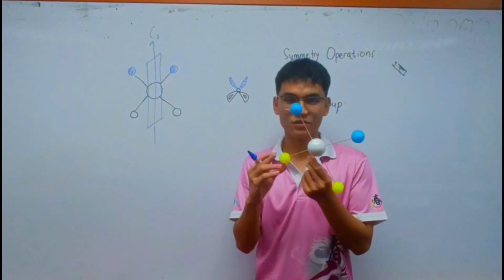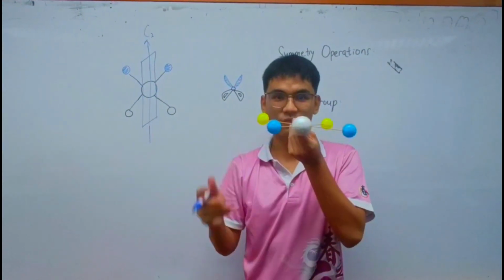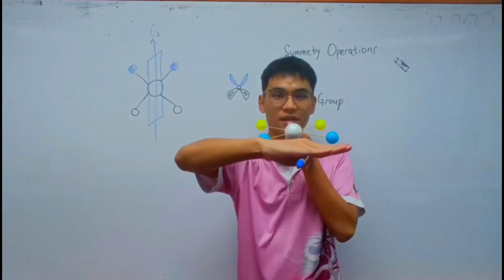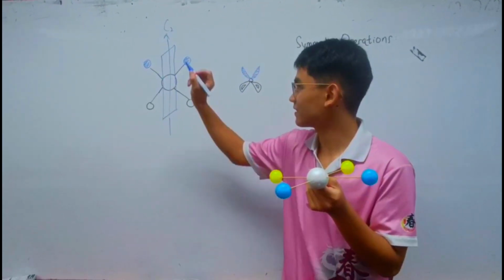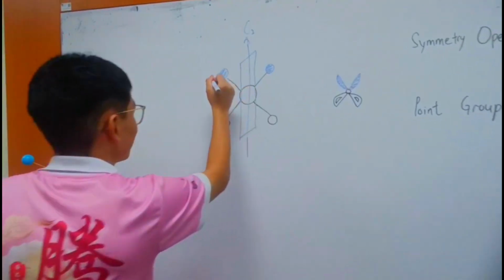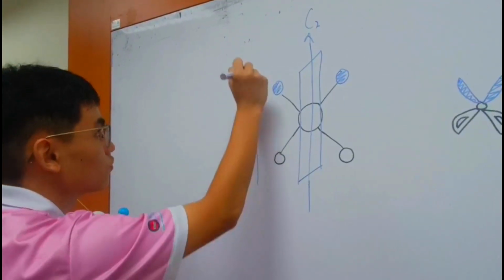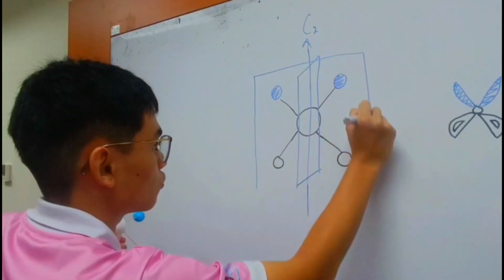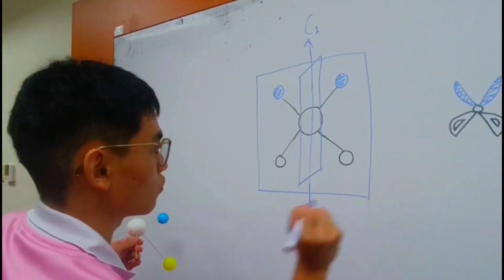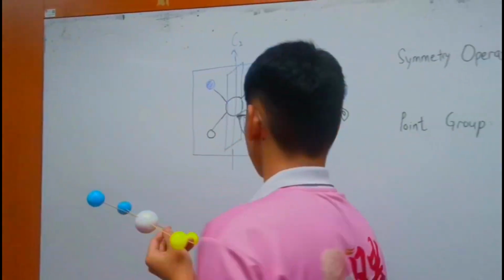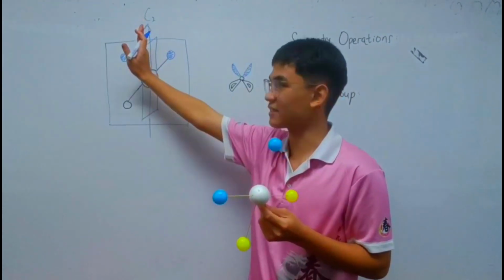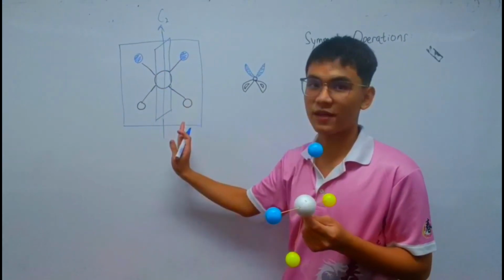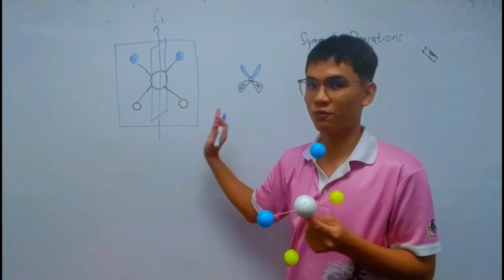Next, when we look at this angle, we can find another plane cutting through all of the atoms in this molecule. Since these two planes are parallel to the C2 main axis, we can identify that both are vertical planes.